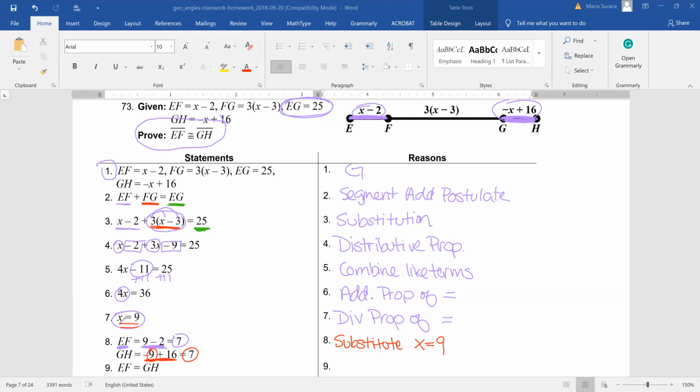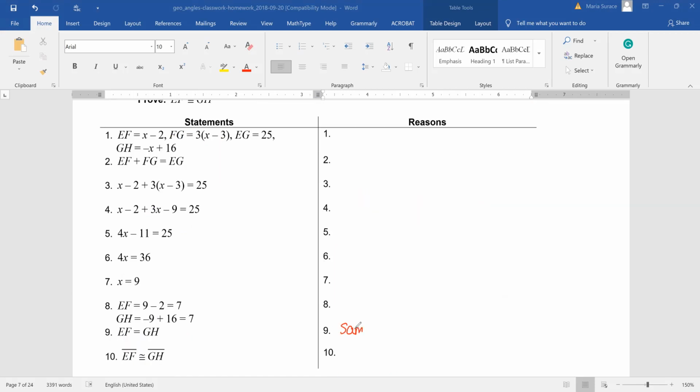By doing that, we can say that EF and GH are equal because they have the same measure.